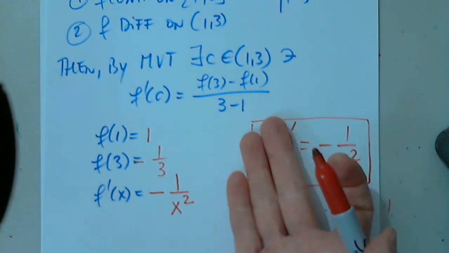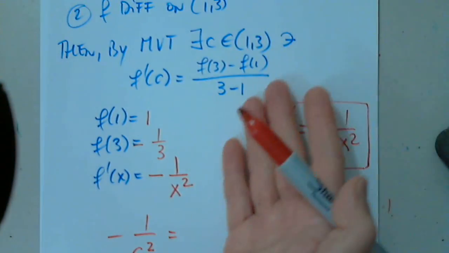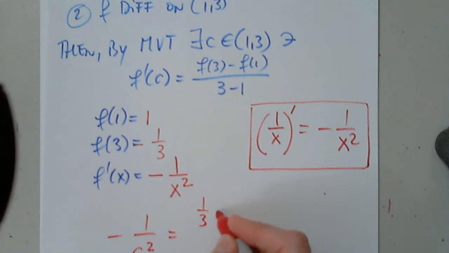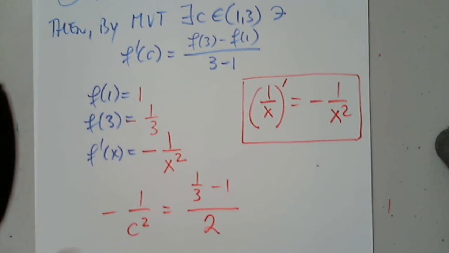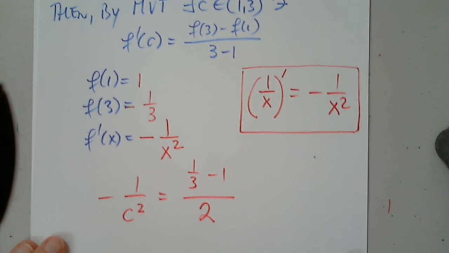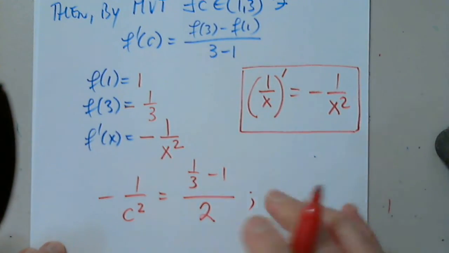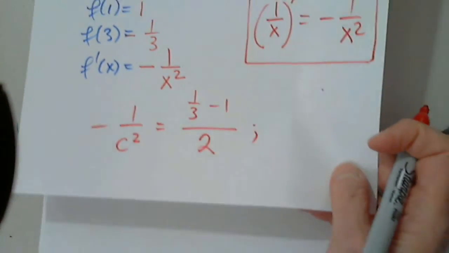The left-hand side of this equation is negative 1 over c squared. The right-hand side is 1/3 minus 1 over 3 minus 1, which is 2. From this moment on, it's just algebra. Let me simplify first.